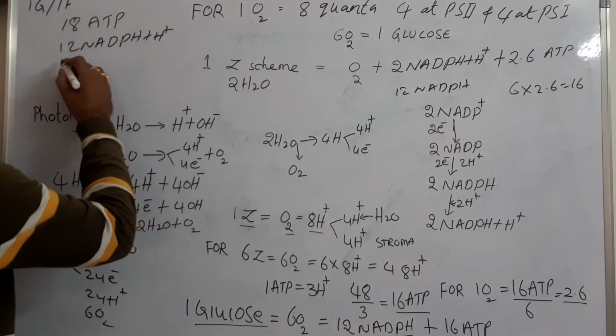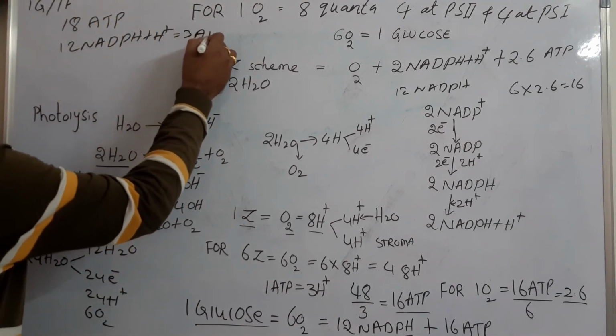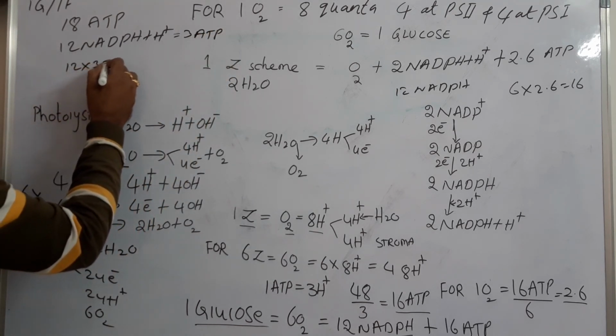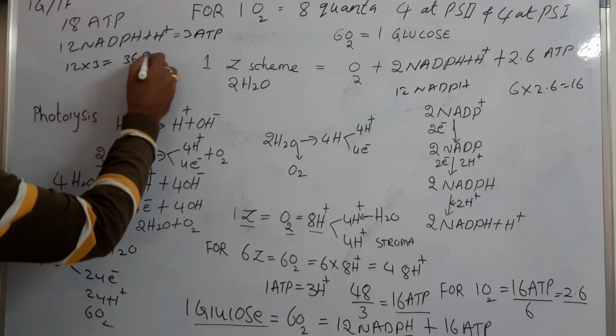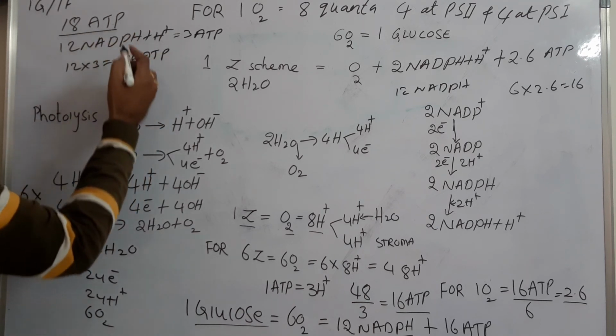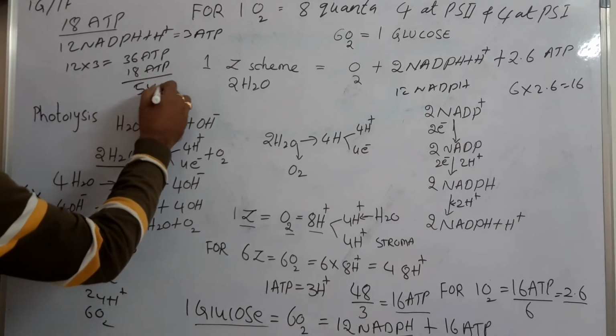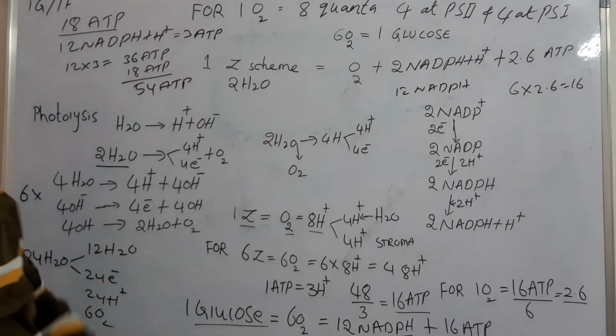Okay, each NADPH is equal to 3 ATPs. So we have 12 NADPH, 12 into 3 ATPs, that equals 36 ATPs, plus 18 ATPs directly. So totally we need 54 ATPs to produce a glucose molecule.